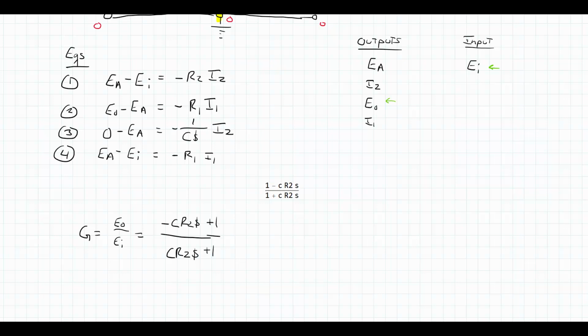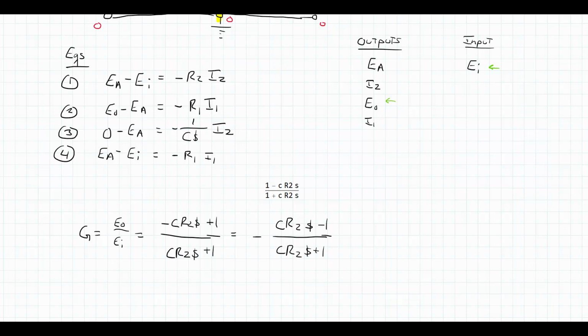R2 and the capacitor are going to determine what this transfer function is. I'm going to rewrite this one a little bit though. I don't like this preceding negative in the numerator, so I'm actually going to pull out a negative sign and rewrite the numerator then as C R2S minus 1 on the top and a C R2S plus 1 on the bottom.